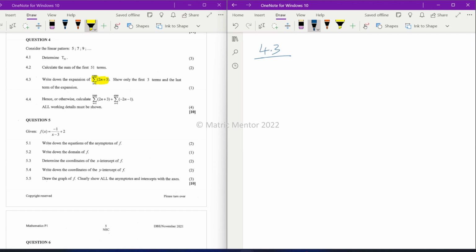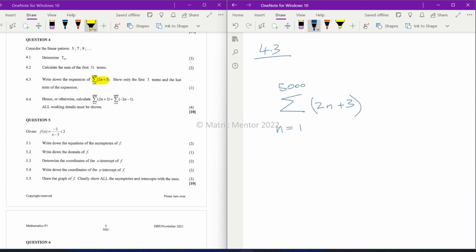So this function is called a sum function. The function here is the sum of this equation 2n plus 3, where n starts at 1 and goes up to 5,000.